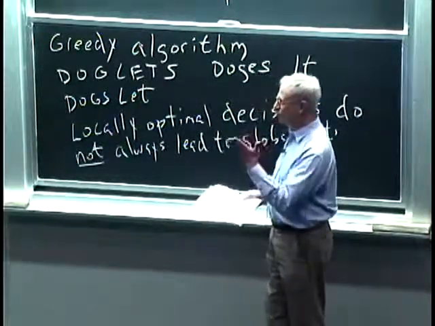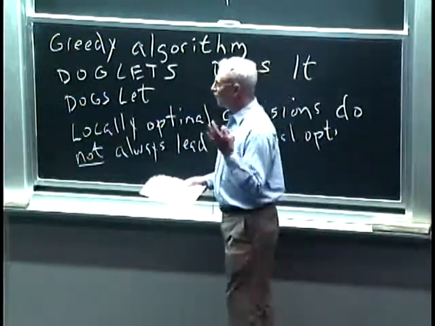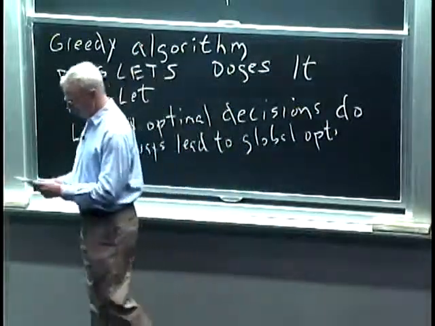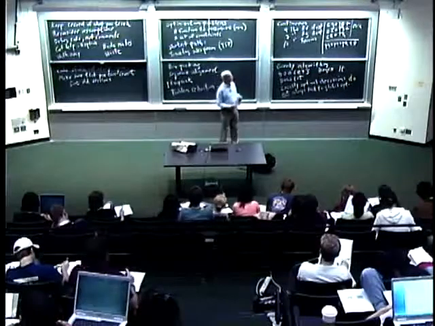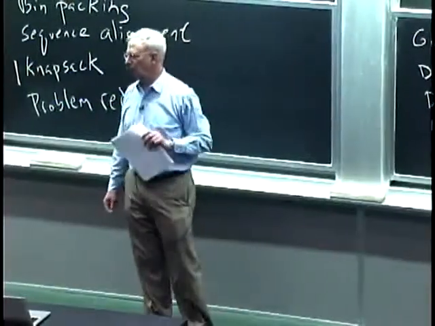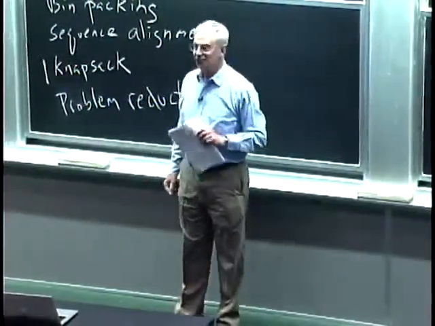Okay, so you can't just repeatedly do the apparently local thing and expect to necessarily get to it. Now, as it happens, with the continuous knapsack problem as we formulated it, greedy is good.